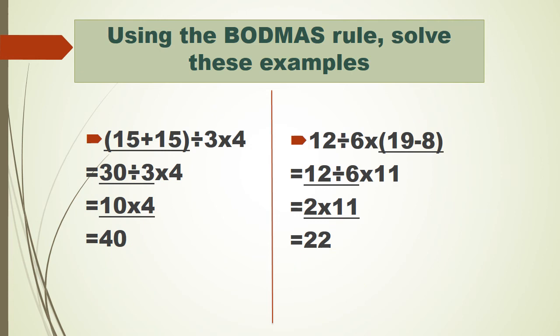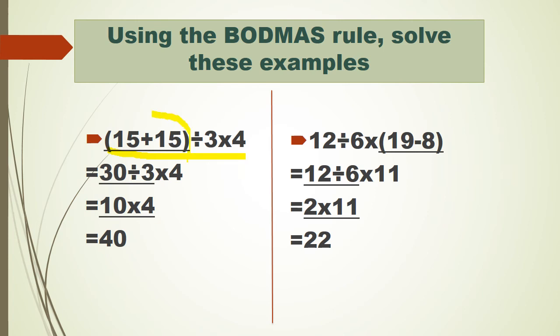Here are 2 more examples in these simplification sums. We have all 4 operations with brackets, so it's very easy to carry out the 4 operations. We will use the BODMAS rule. In the first example, the question is 15 plus 15 in the bracket divided by 3 multiplied by 4.